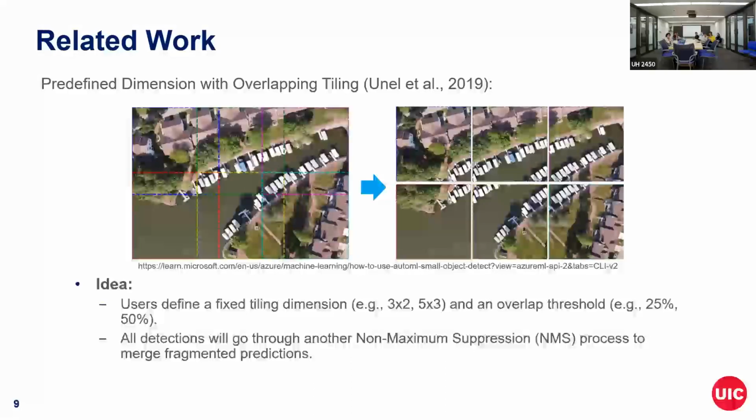Another approach, by Unel 2019, uses predefined dimension with overlapping tiling. It's really similar to the last approach, but they also have an overlapping threshold and then use non-maximum suppression, which is an algorithm to merge overlapping boxes together.